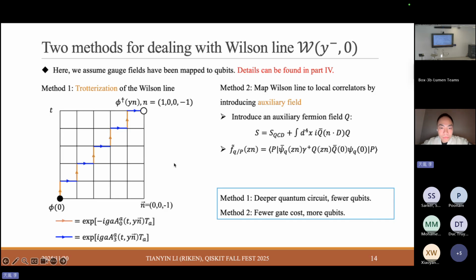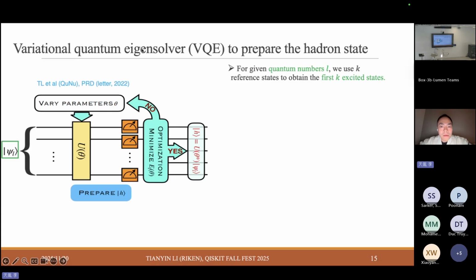Then we use the variational quantum eigensolver to prepare the hadron state. That is because the hadron state is nothing but the eigenstate of the Hamiltonian with a given quantum number.